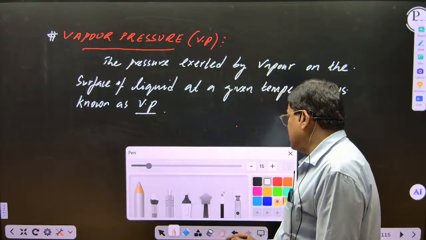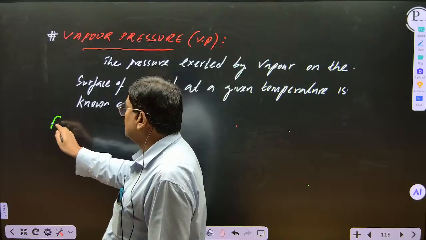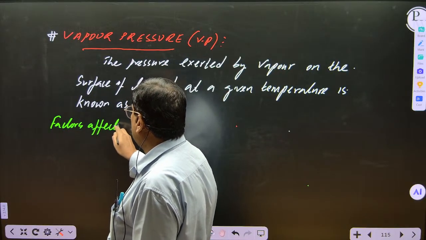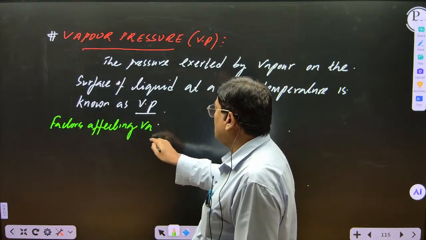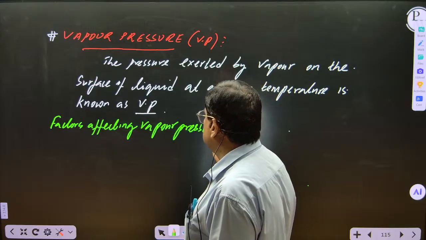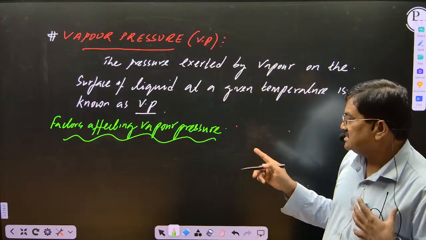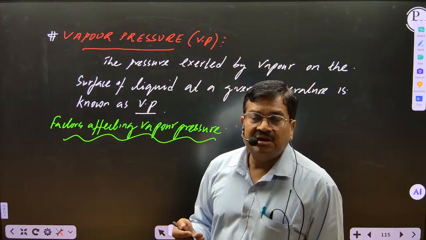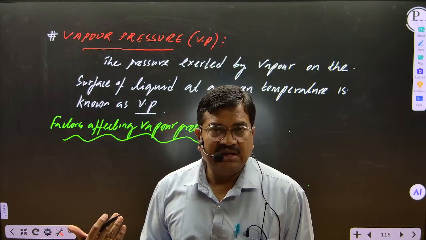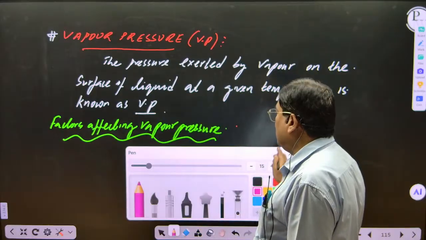They ask conceptual questions in the exam. There are two factors which influence vapor pressure. One, it depends on the nature of liquid, same as what we took in evaporation.